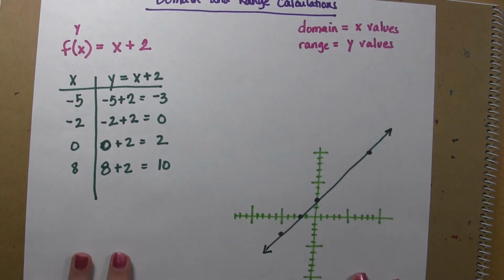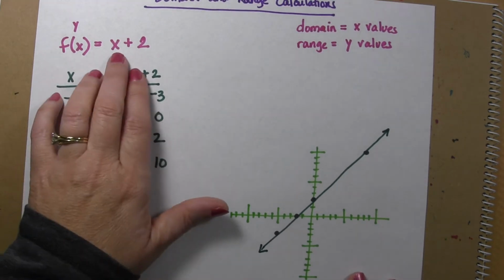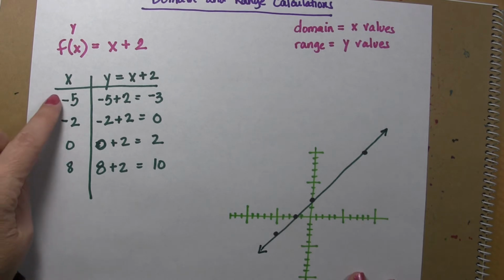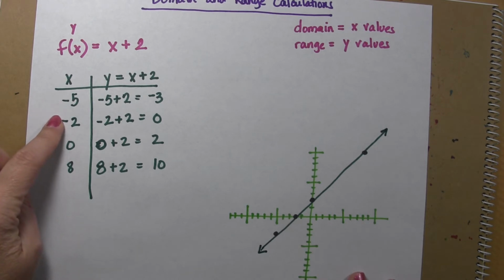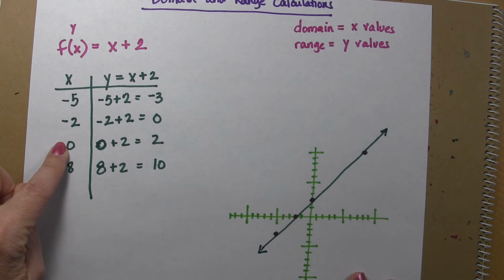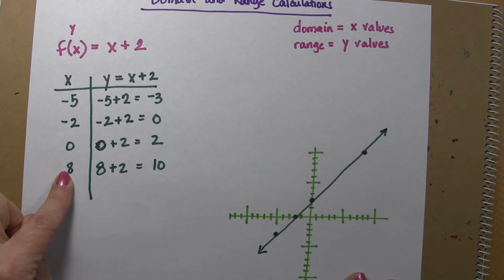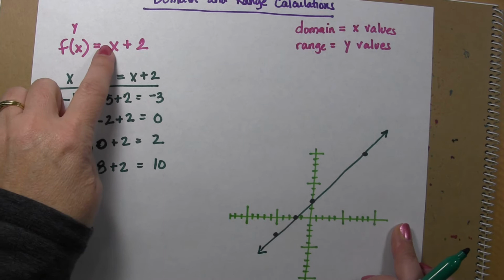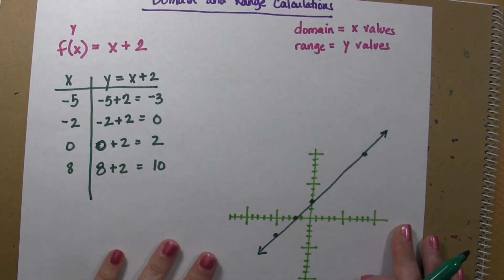Now, here's my question to you. Could x be any number? So we have examples of x being negative, and we have an example of x being 0, and we have an example of x being positive. So I'm pretty confident that anything that we put for x, we could put into this equation and we would be fine, right?